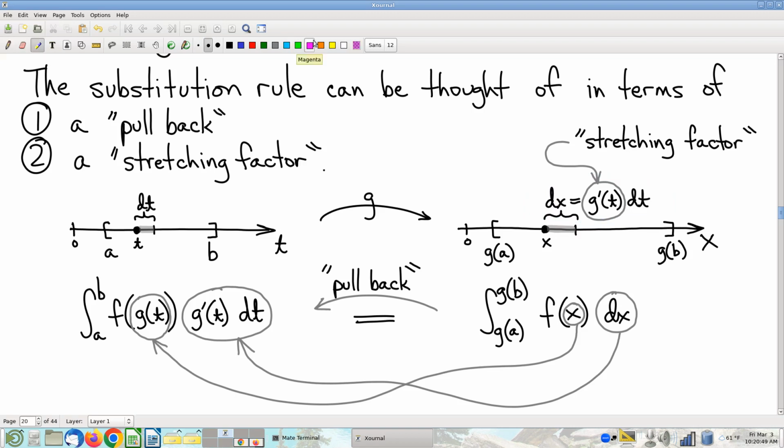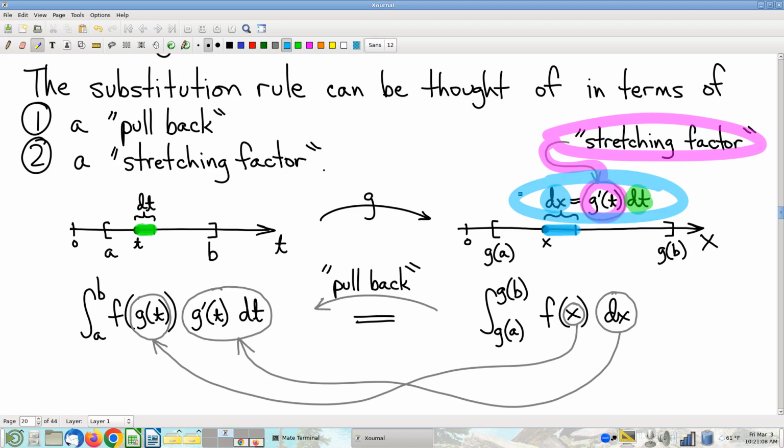Our derivative here stretches out a little piece of interval on the t-axis and turns it into a little different sized interval on the x-axis. It's how much that piece of the t-axis gets kind of pulled and stretched to become, well, at least in this case, as I've drawn it here, gets stretched out to become bigger. What do you think? Is everybody buying it?